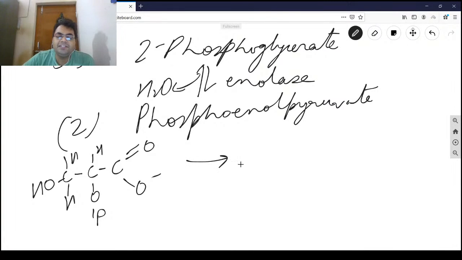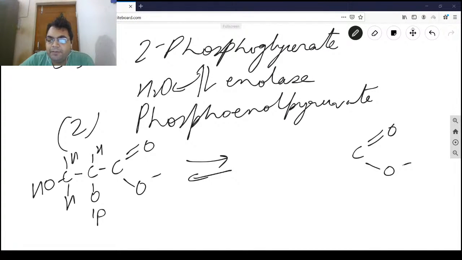Now it will be changed, in a reversible reaction, to phosphoenol pyruvate. Remember, I have to take out one H2O. So I'll take out this H from here, causing this double bond to be made. And once the double bond is made, only two hands are free.